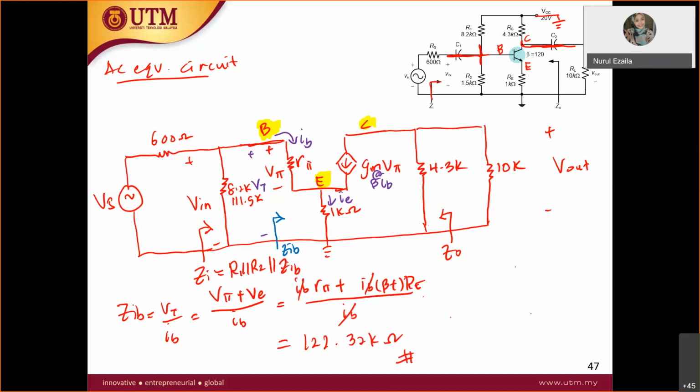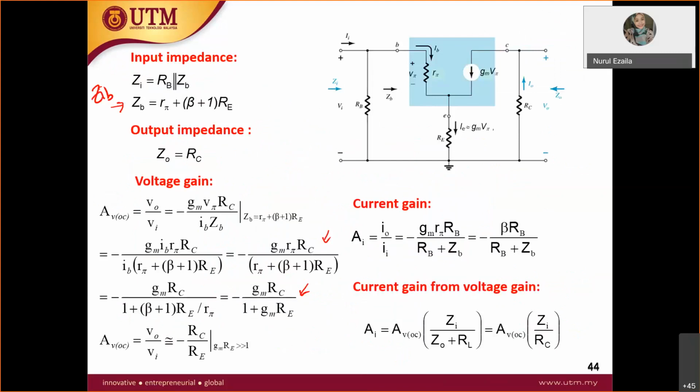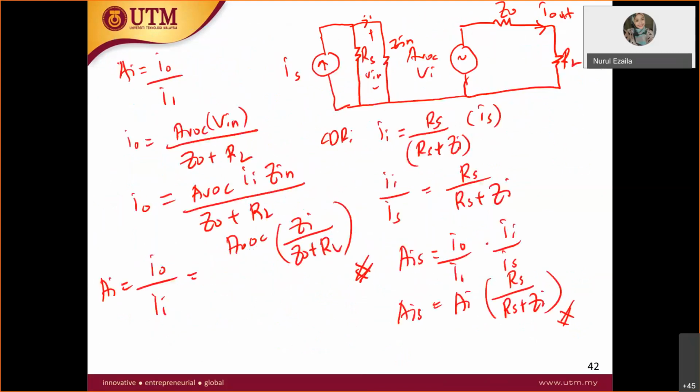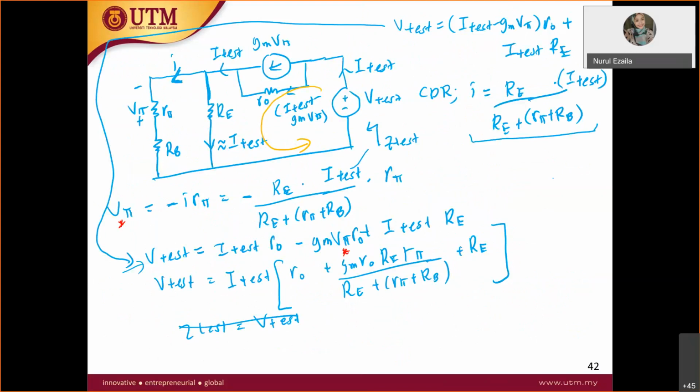Therefore Zin is equal to 8.2K parallel with 1.5K parallel with 122.32K. So you will get Zin equal to 1.26 kilo ohm. For Zout, it has been explained in detail. Zout is where you apply an imaginary voltage over here. I don't want to explain further on the derivation.